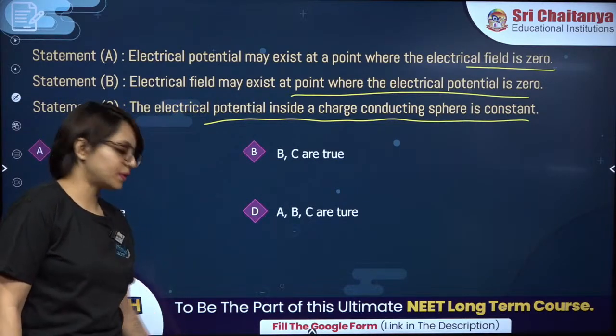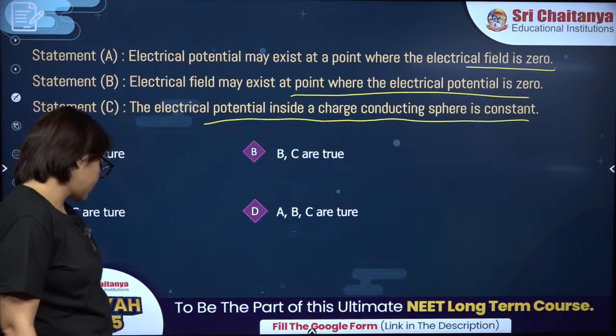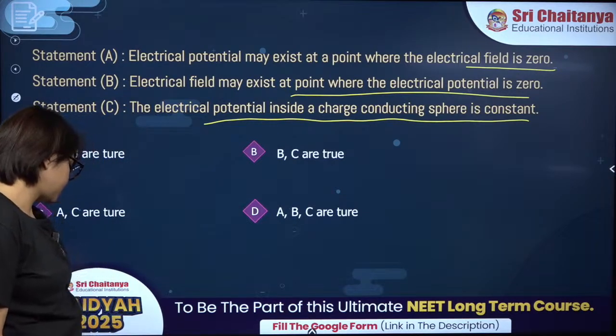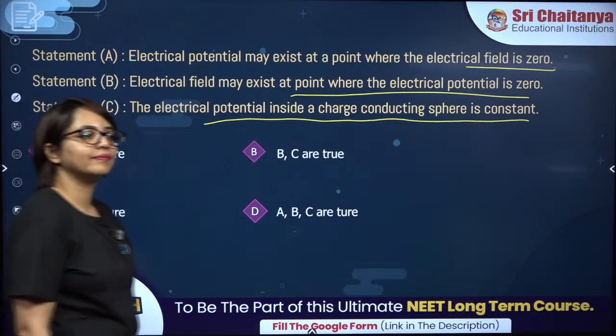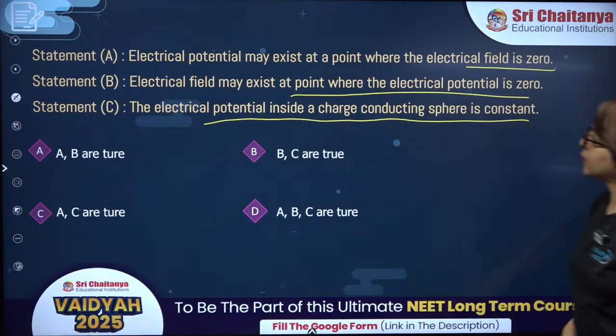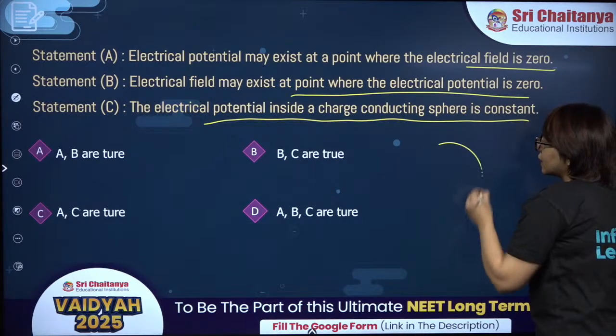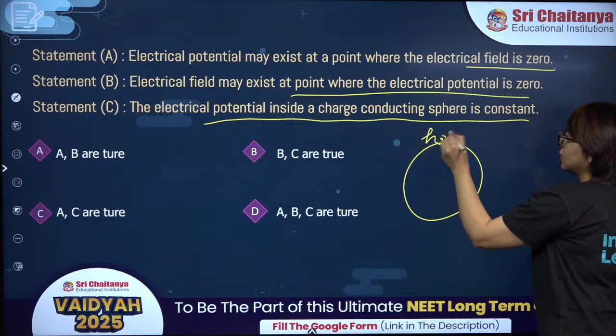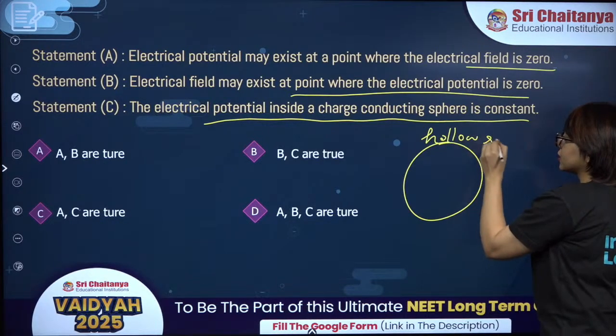Which of the following options should be correct? Option B, option B. Alright. Electric potential may exist at a point where electric field is zero. So if you look at the hollow sphere, this is just an example.